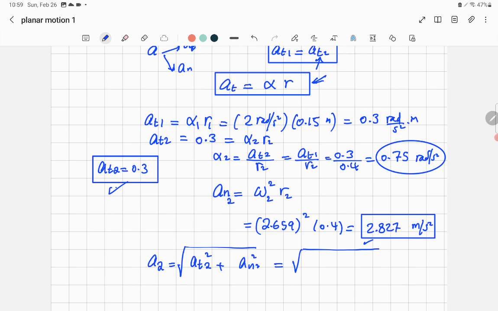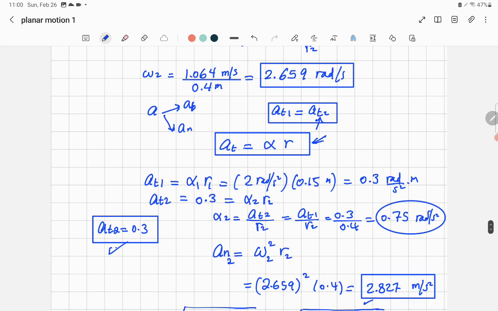The tangential is 0.3 squared and the normal is 2.827, which we just got. We do the square root and you get 2.87 meter per second square. And by this, you are done with the problem. We got both the velocity and the acceleration.